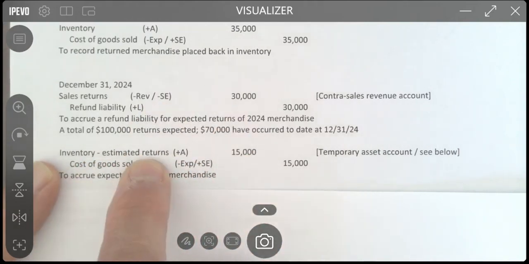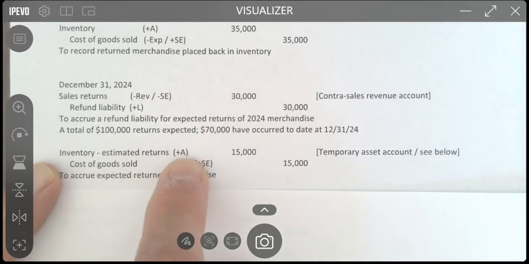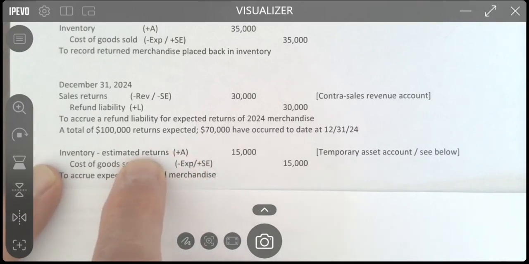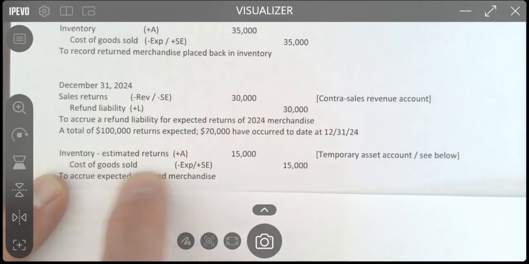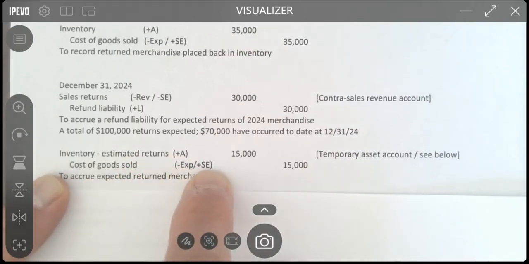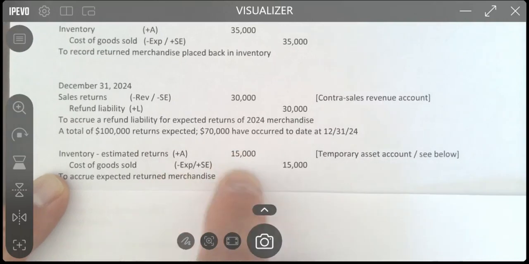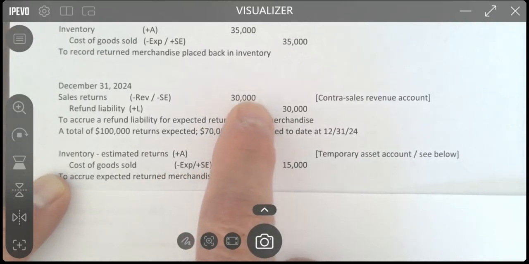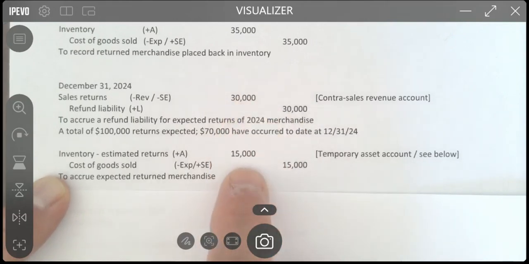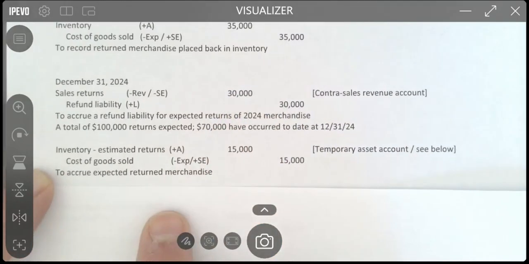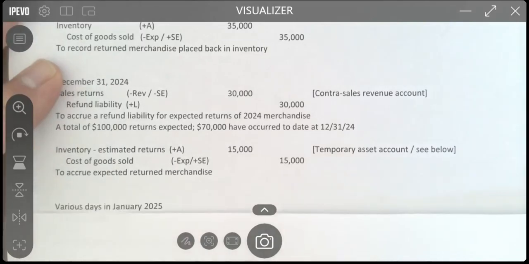So we have inventory estimated returns, which is an asset account, separate from inventory, of course, because the inventory is not actually here yet, but we expect it to be soon. And then we reduce cost of goods sold, again, that being 50% of the sale price. Our markup is double cost. This is to accrue expected return merchandise.